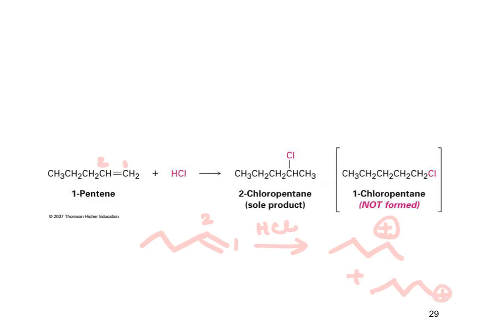When the Cl comes in, it would of course prefer to form the secondary alkyl halide as against the primary alkyl halide. So in this case, the only product that they see is this 2-chloropentane, not the 1-chloropentane at all.